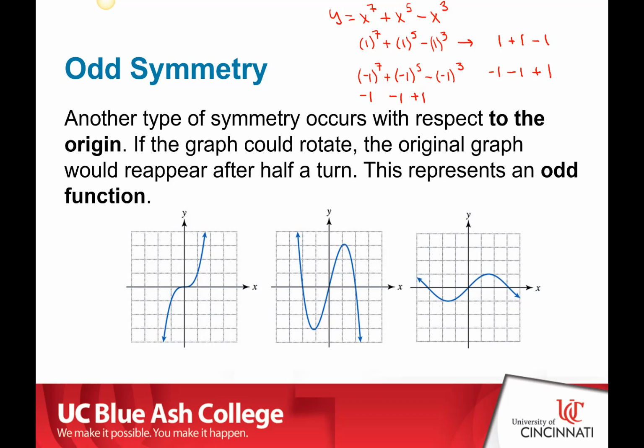We could rewrite this second one, if we factor out a negative, it would be 1 plus 1 minus 1. Does that make sense? Okay, which is going to give us on the inside whatever it was we started with.